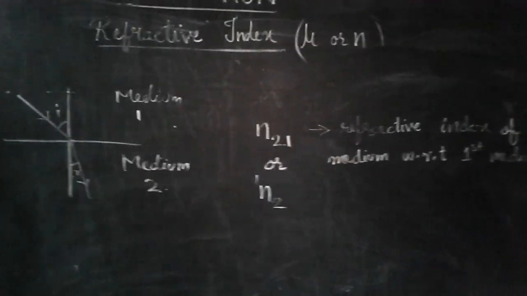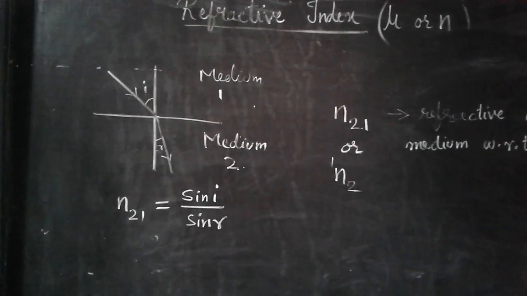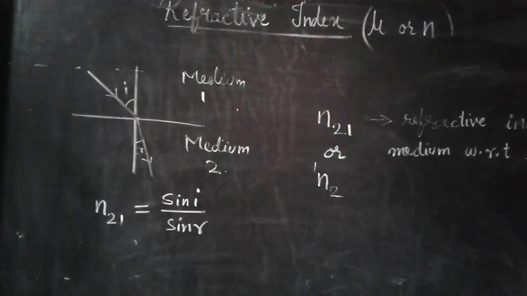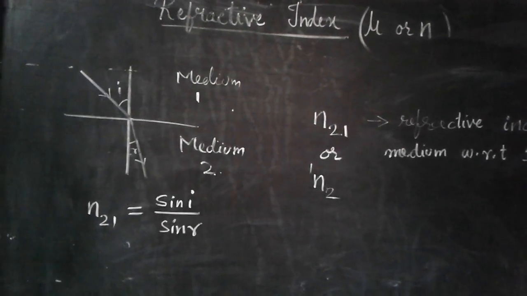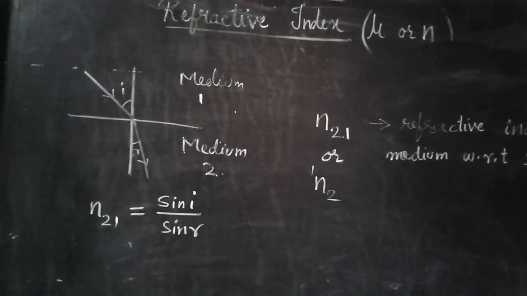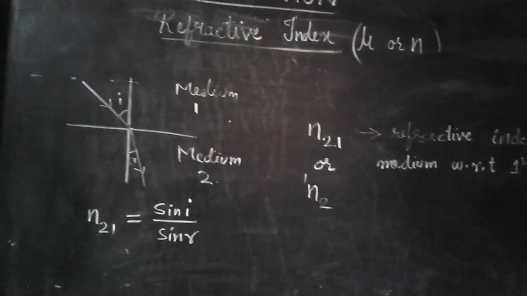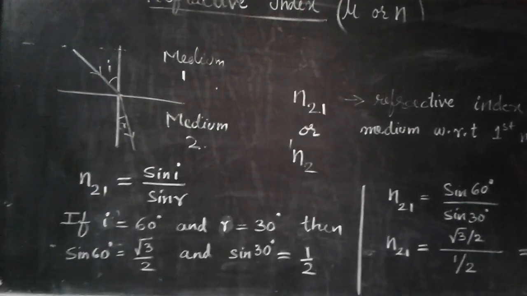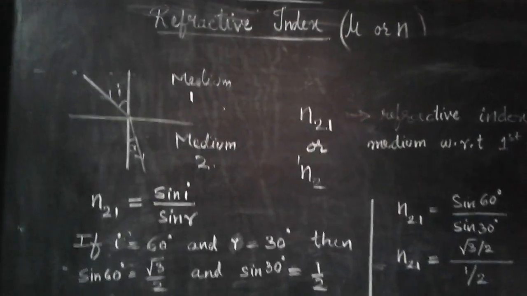Let us see the formula now. This is the first formula for calculating n21, that is refractive index of second with respect to first. It can be calculated by the value of sin I upon sin R. Let us keep some values here. I have taken one example here, just for example.